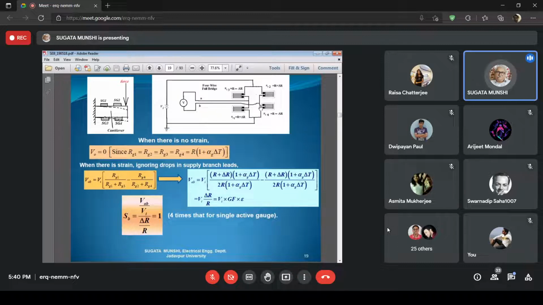But if you collect 4 gauges from that assortment, you will find that one gauge may have a resistance of 350.1 ohm, another gauge may have a resistance of 349.5 ohm, like that. That's why, because of the slight differences in all these gauge resistances, the output voltage VAB will not be zero.